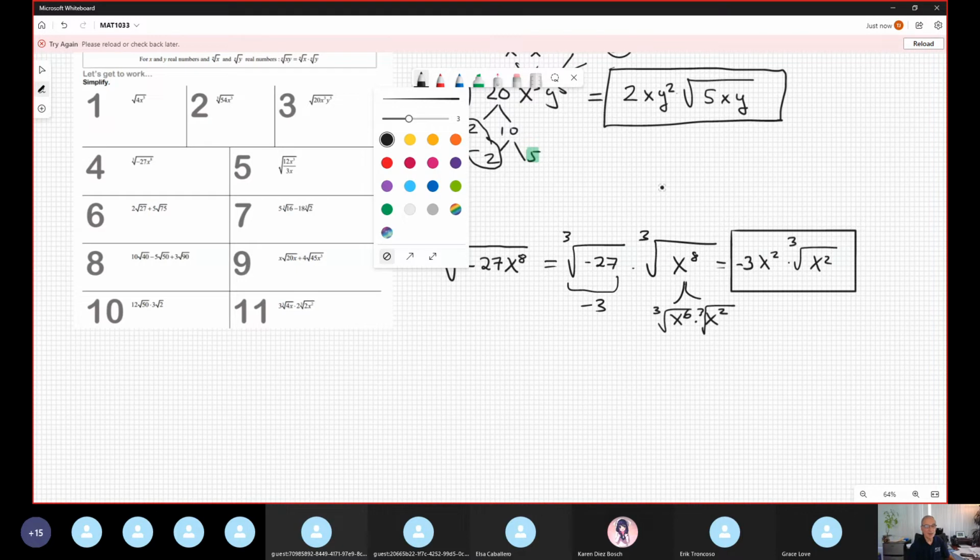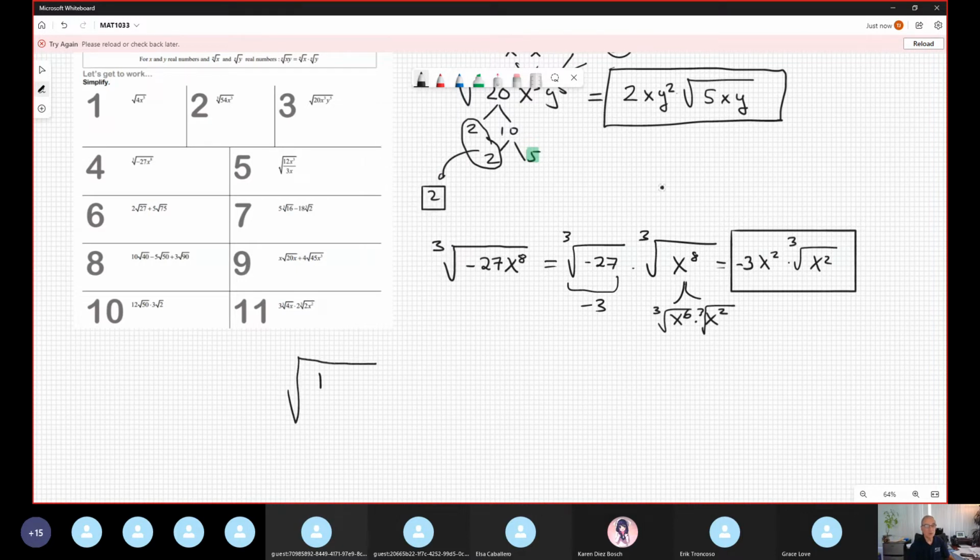Okay. Number 5 is a division. So it's the square root of 12 x cubed divided by 3x. Okay, guys, now division. Sometimes we separate it into 2 parts, and sometimes no. This is a classical example in which you can separate this.